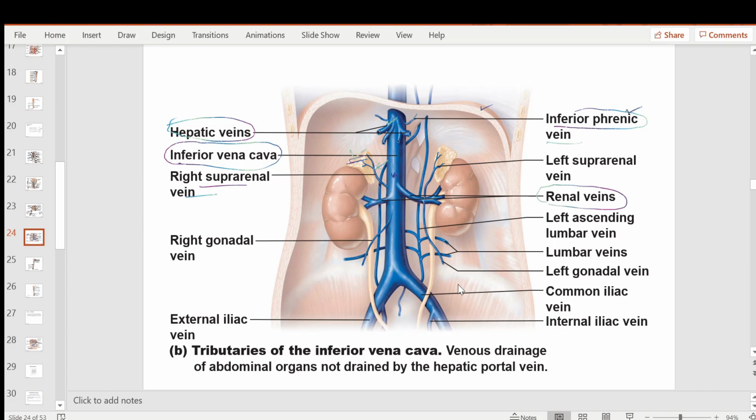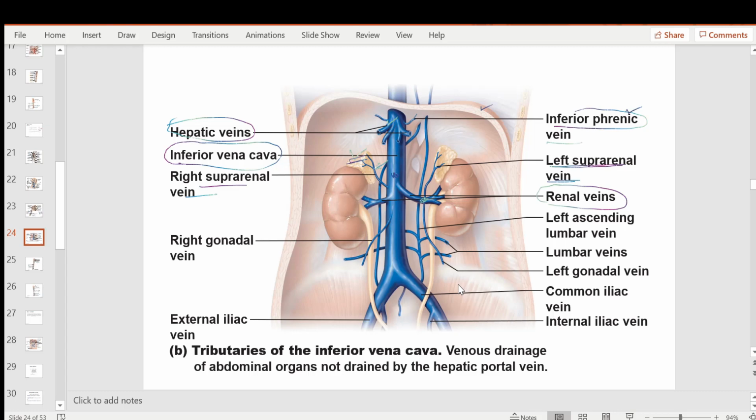However, the left suprarenal first gives blood to the left renal vein. Then the left renal vein takes that blood to the inferior vena cava. So the left suprarenal doesn't directly give blood to the inferior vena cava. Instead, it gives blood to the left renal vein. So that is the difference.